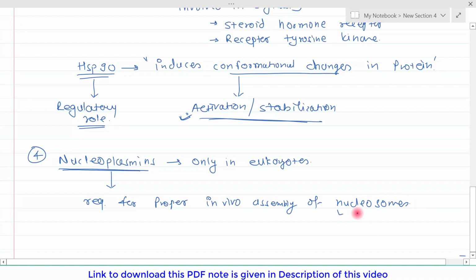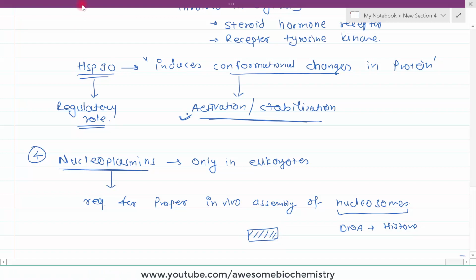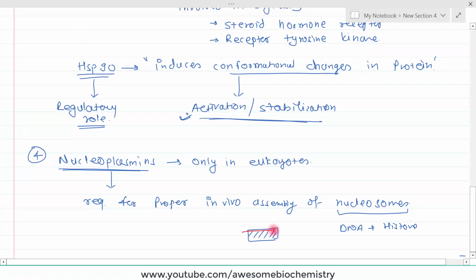And what are nucleosomes? Nucleosomes are DNA plus histone. Inside the chromosome, if this is the histone protein, then DNA is wound around it like this. Okay, so such an assembly is brought about by nucleoplasmin.